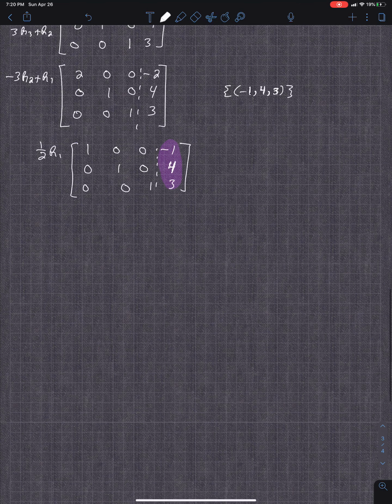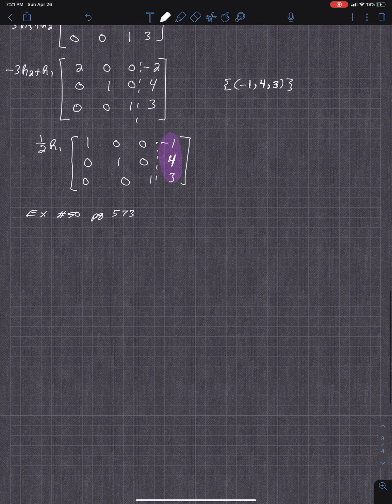Okay, so try this example. I'll give you the solution later. This is number 50 on page 573. Okay, so it's 2x minus 8y plus 54z equal to -4. x minus 2y plus 14z equal to -1.